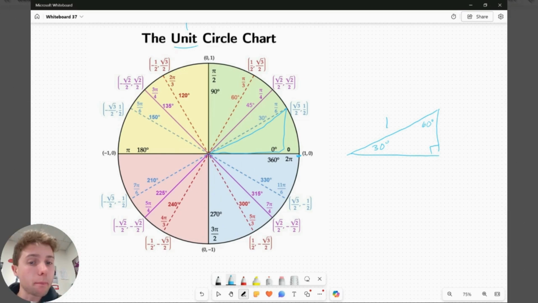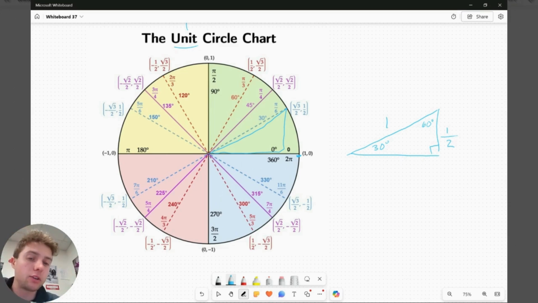If you don't remember your 30-60-90 triangles and their proportions, might be something to look into. However, we know that the hypotenuse is twice as long as the side opposite the 30. So if my hypotenuse is 1, that is twice as long as this other side, meaning this side must be 1/2.